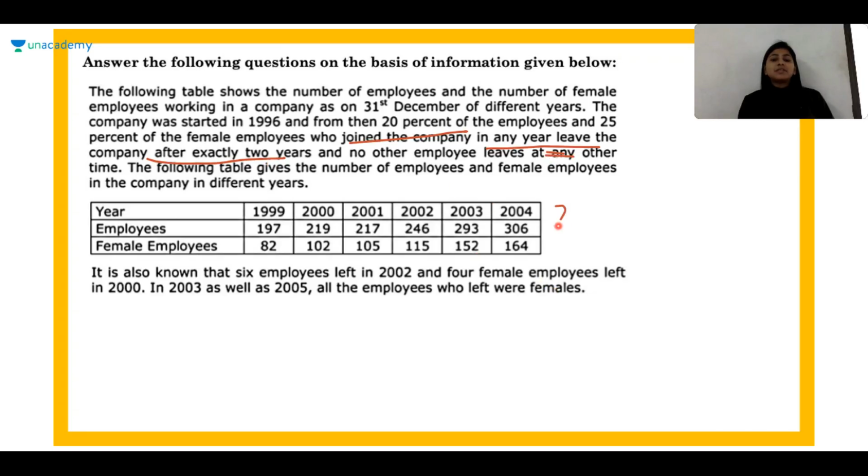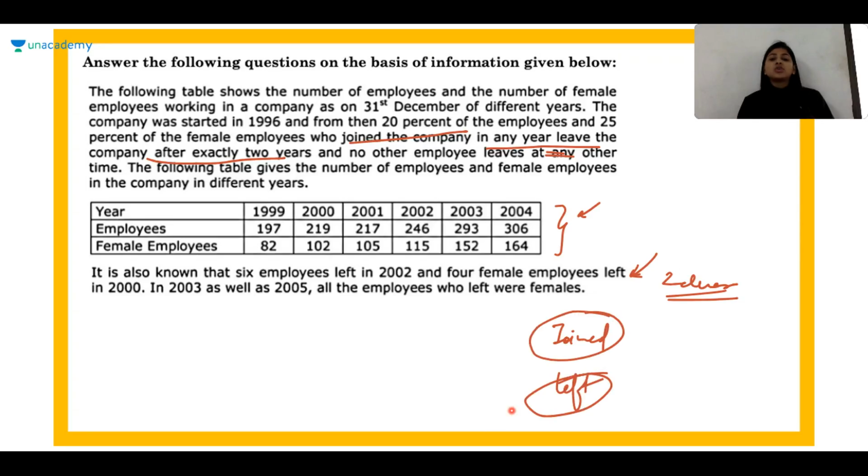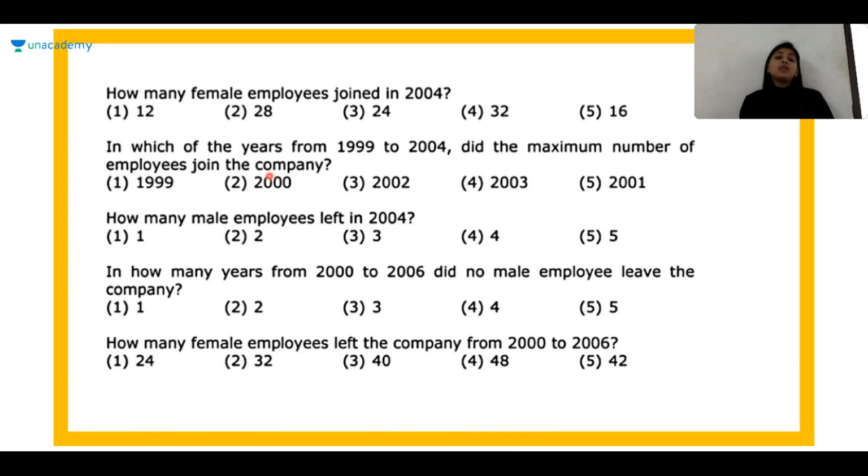So we have been given a table about the number of employees that are there in different years, and then we have just 2 clues. You have to use that and figure out how many employees and female employees joined and left in different years. Everything you have to figure out so that you can answer these questions. How many female employees joined in 2004?